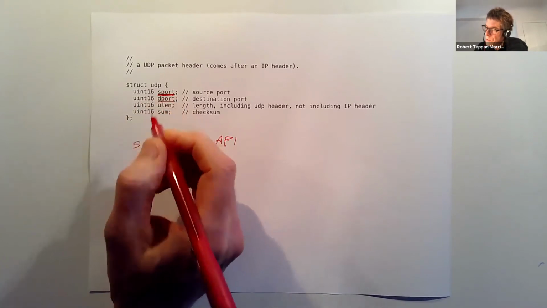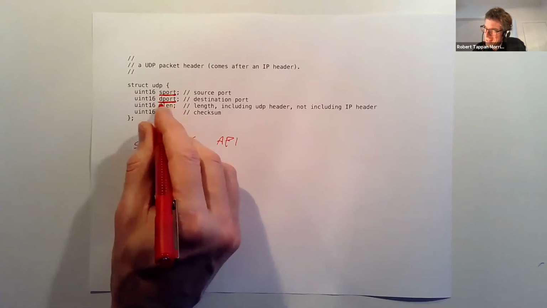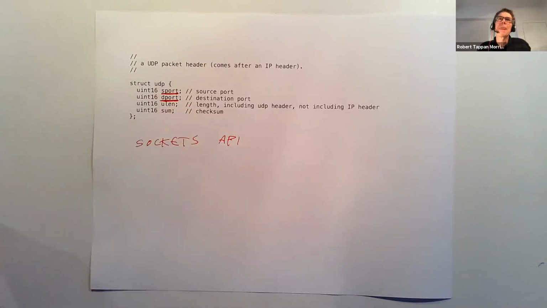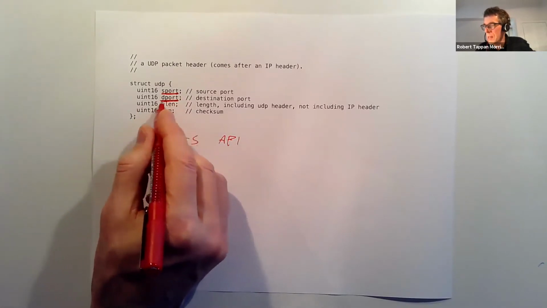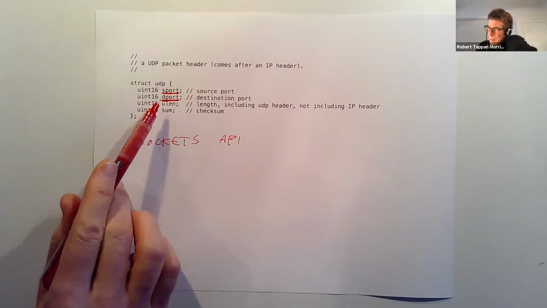I want to receive packets with a particular destination port. So you make a system call that sets this up, and the operating system will return a file descriptor. And every time a packet arrives with the port that the application asks for, that packet will appear on the file descriptor, and the application can read it.